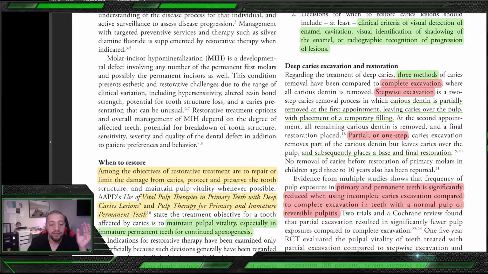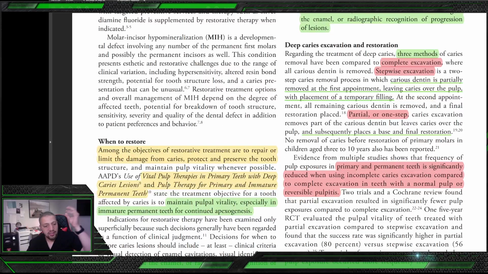Maintain pulpal vitality, especially in an immature permanent tooth, for continued apexogenesis, meaning we should aim to preserve pulp vitality. Why? Because we need this tooth to complete the root development. We need this permanent tooth, the lower six, the beautiful lower six, not to be short and have external resorption and be very short and weak, and then you need to take it out.